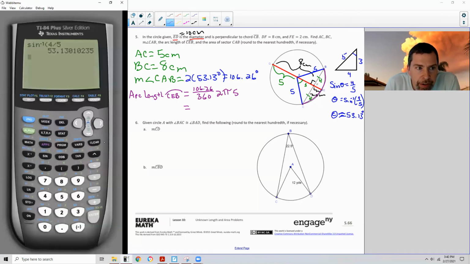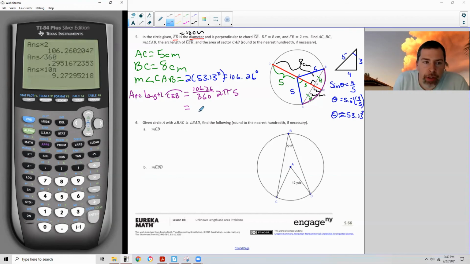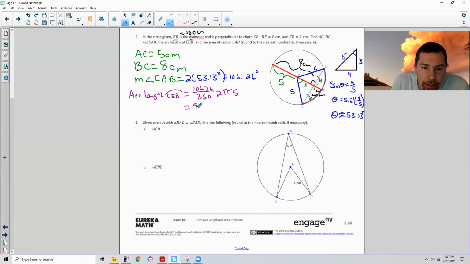So if I go in my calculator and take this times 2 to get that 106.26 divided by 360 gives me 0.2951 times 10 pi. That gives me 9.2729. Okay, or 9.27 centimeters, rounding to 2 decimal places.